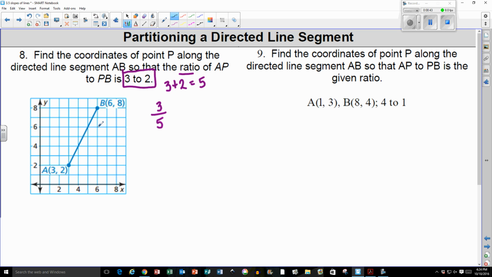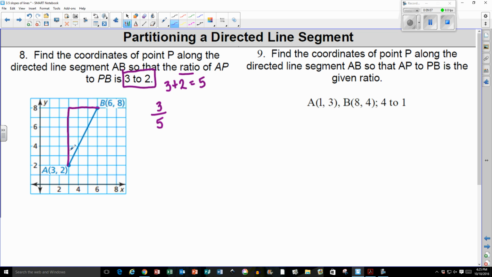So we need to find the length of AB. So what we're going to do is, remember, we have to do 2 parts. We have to do the horizontal and the vertical. So let's find the horizontal and vertical distance. The horizontal distance, well, it's basically like taking your slope.